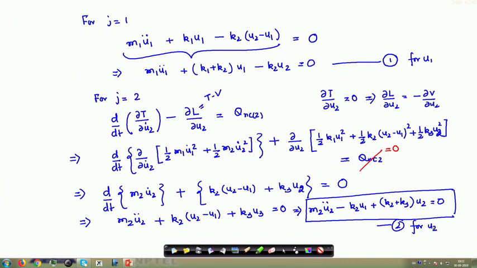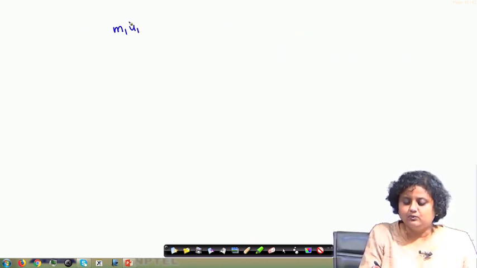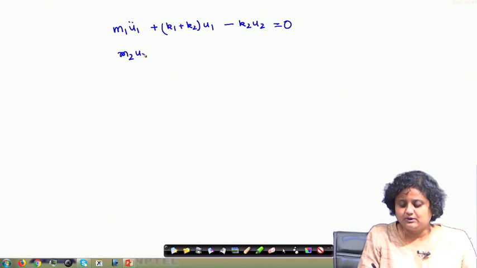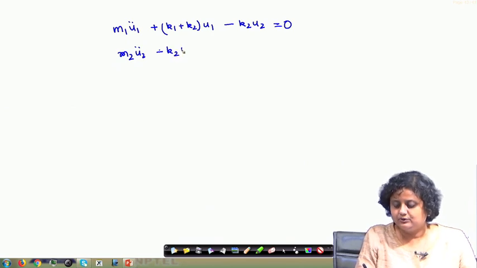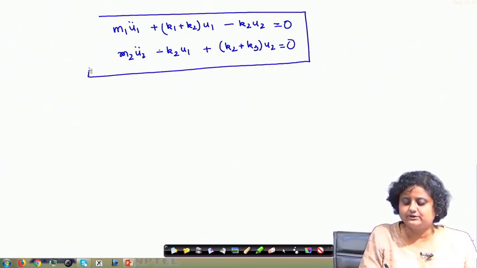Therefore, I get two equations of motion: m1 u1 double dot plus (k1 plus k2) u1 minus k2 u2 is equal to 0, and then m2 u2 double dot minus k2 u1 plus (k2 plus k3) u2 equals 0. So, this is the set of equations of motion I get.